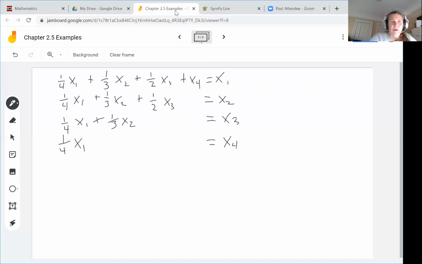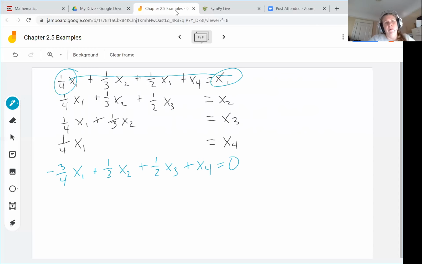So we know 1/4 x1 minus the x1 is going to simplify to be negative 3/4 x1. And then all the rest of our equation stays the same, plus 1/3 x2 plus 1/2 x3 plus x4 equals 0. So I just took this x1 and subtracted it from the 1/4 x1 here.